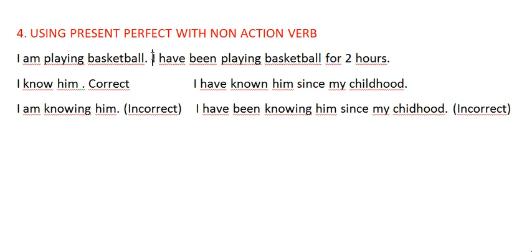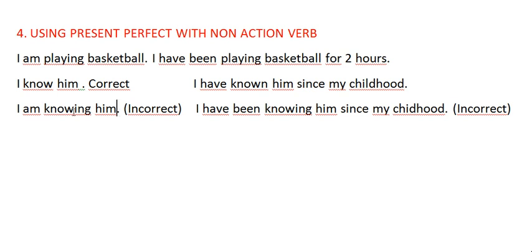So the main difference between present tense and present perfect continuous tense is, one is we're just mentioning what we are doing, but if you mention how long we're doing something, we're using the perfect tense. But with the non-action verb, we cannot use ing. So we say I know him, right? We don't say I am knowing him for, let's say, 2 years or something, right?